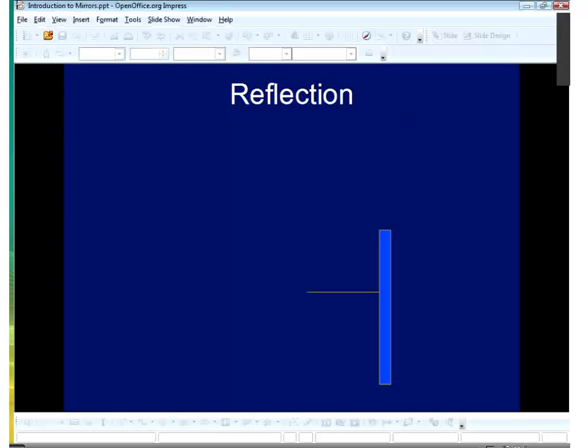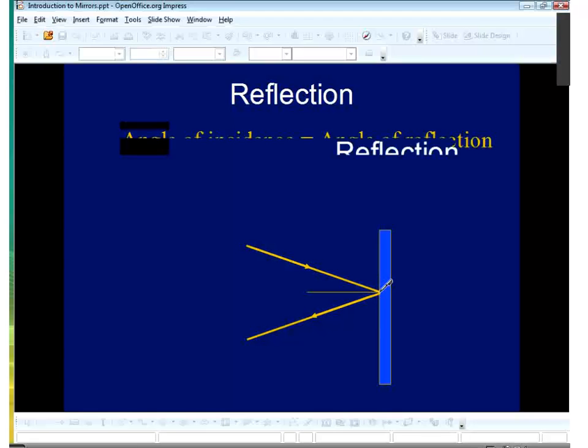Let's talk more about reflection now. There are two laws of reflection. One law is that angle of incidence is equal to angle of reflection. You know what angle of incidence is? Draw the normal.